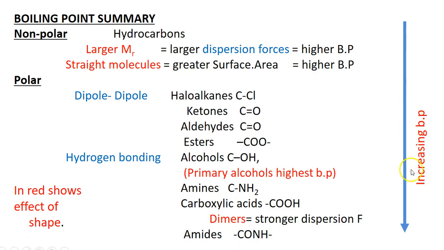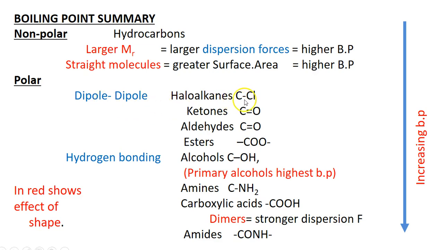So this increasing boiling point applies if you compare molecules that are all pretty much the same molecular mass. If they're all the same molecular mass, then the dispersion forces wouldn't be increasing. That's why you have to compare them at the same molecular mass.